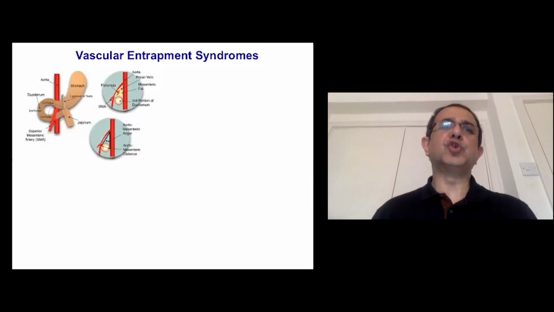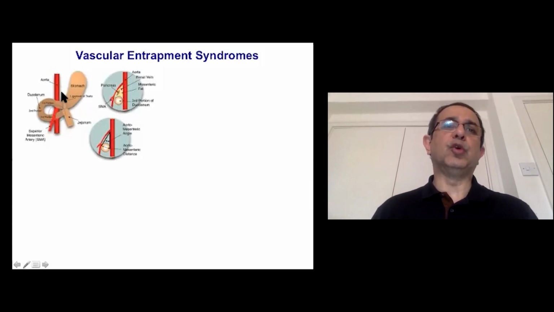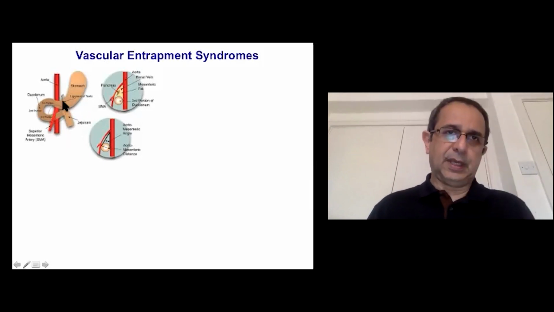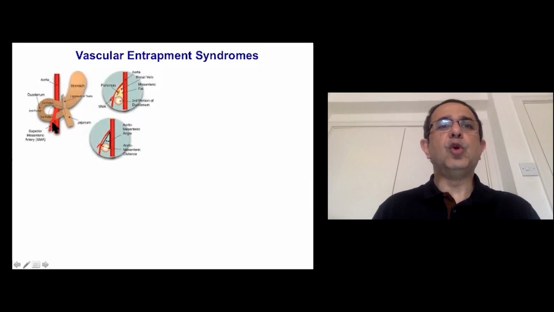So the most common one is called the superior mesenteric artery syndrome. So this is the aorta, the big artery that comes from the heart down into the tummy, and it has a branch called the superior mesenteric artery. What you see is that the stomach meets the duodenum, which is the first part of the small bowel, which is a C-shaped structure, and the lower loop of the duodenum goes beneath the superior mesenteric artery.